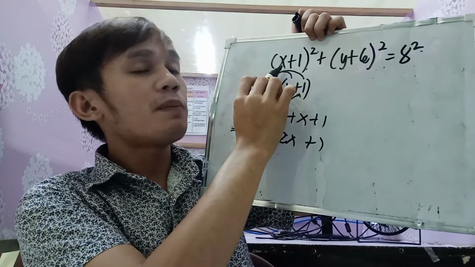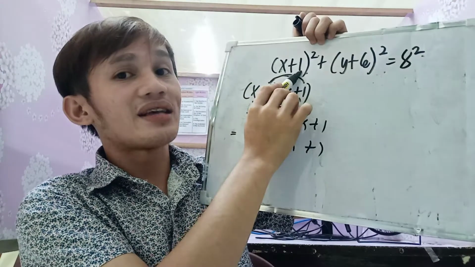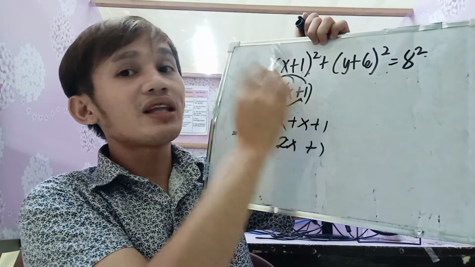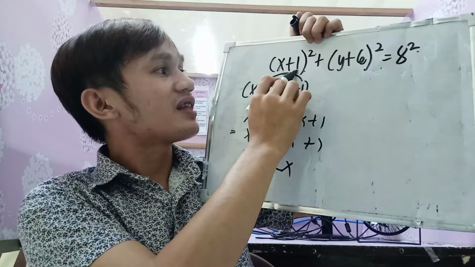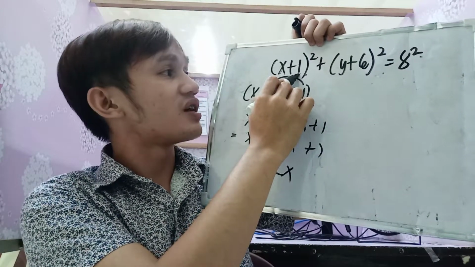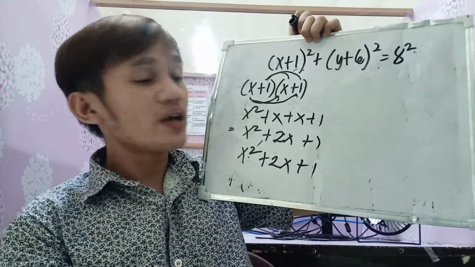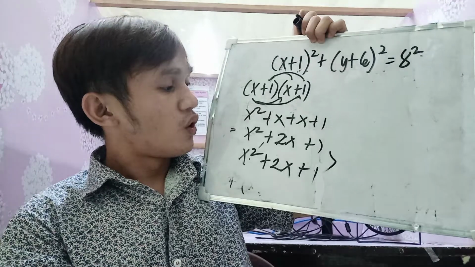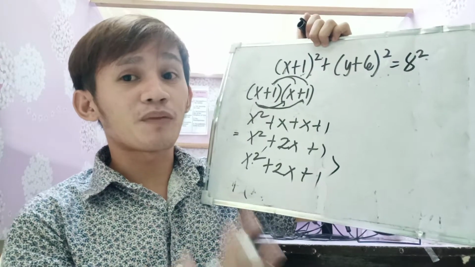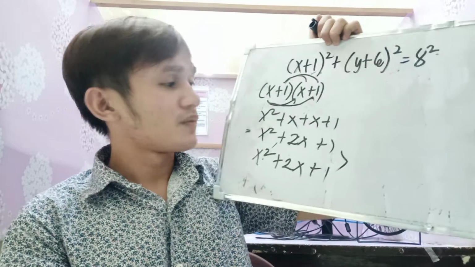Then multiply the first term and the second term, x times 1 is x, and multiply it by 2, that is 2x. Then get the square of the second term, 1² is 1. As you can notice, they are just the same. So either of the two ways is accepted as long as you arrive at the same answer.